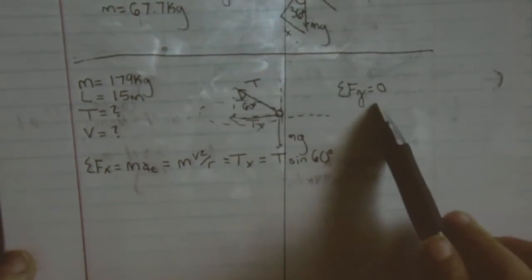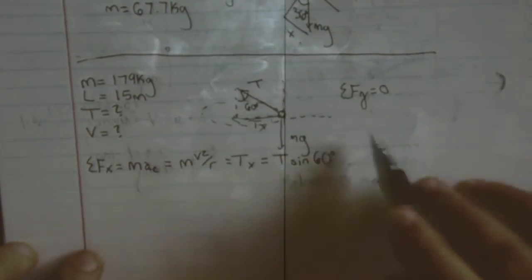So let's revisit this idea. The sum of our forces in y are 0. If we're going to say up is positive, that'll give us Ty minus mg, which equals 0.